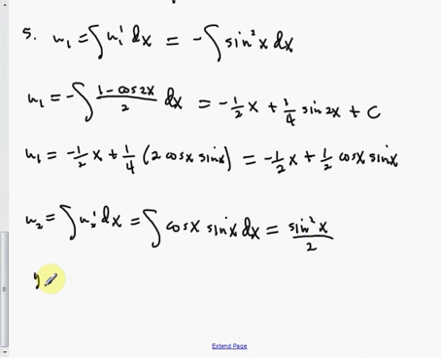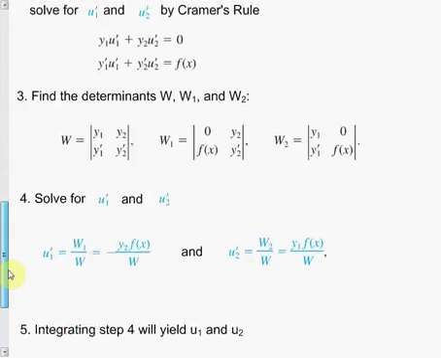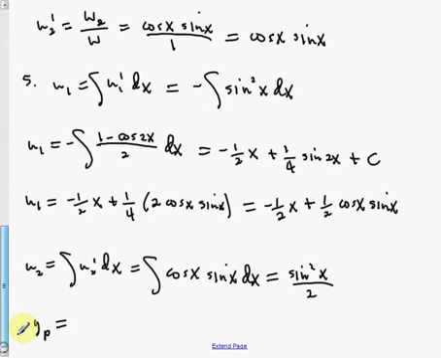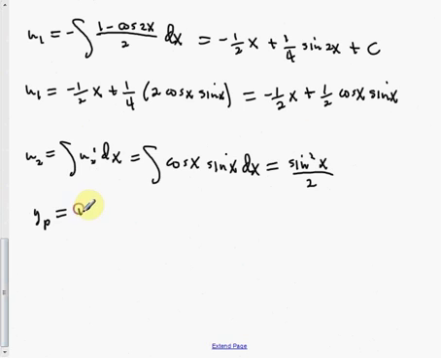All righty. So now y sub p. Now write y sub p as this, and then finally we write the final solution. So let's do step 6. Y sub p is set to be y sub 1 times u sub 1 plus y sub 2 times u sub 2. So the y sub 1 is cosine x, and the u sub 1 is all this.